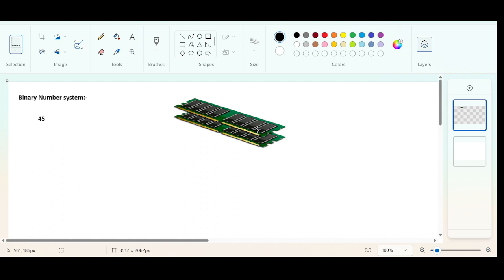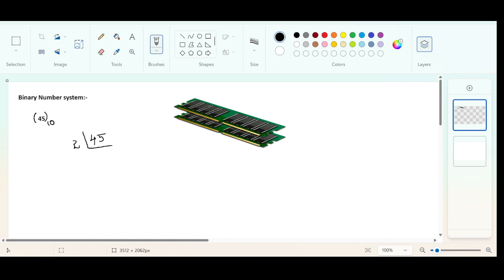For people who don't know, let me explain that. This is the decimal number system, 45 with base 10. If I want this number converted to the equivalent binary number, I will keep dividing it by 2 until the number becomes 1.